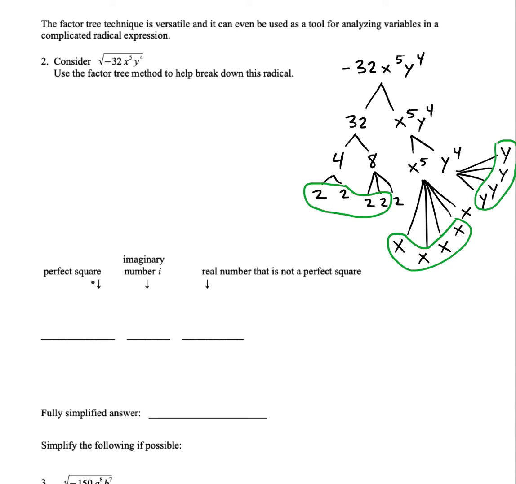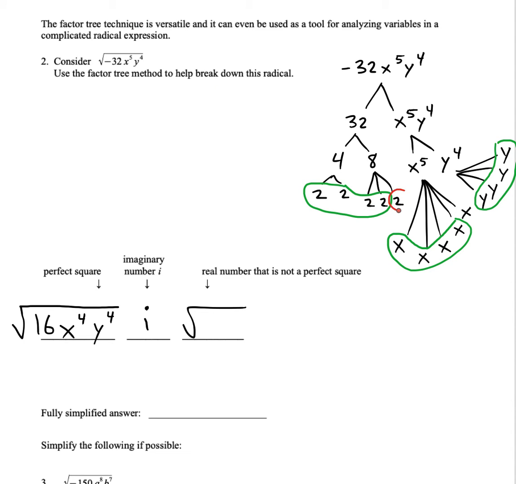All right, so what goes in the perfect square part? Well, quite a bit. We could put 16 there, which is the product of the 4 2's. And we can put in x to the 4th and y to the 4th as well. We have a negative under the radical, so we're definitely going to want i in there. And anything that's left should go here on the right.